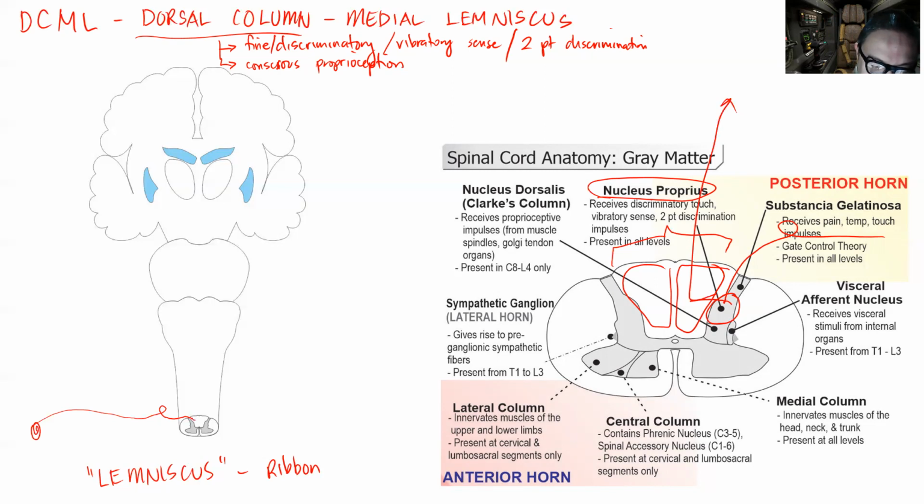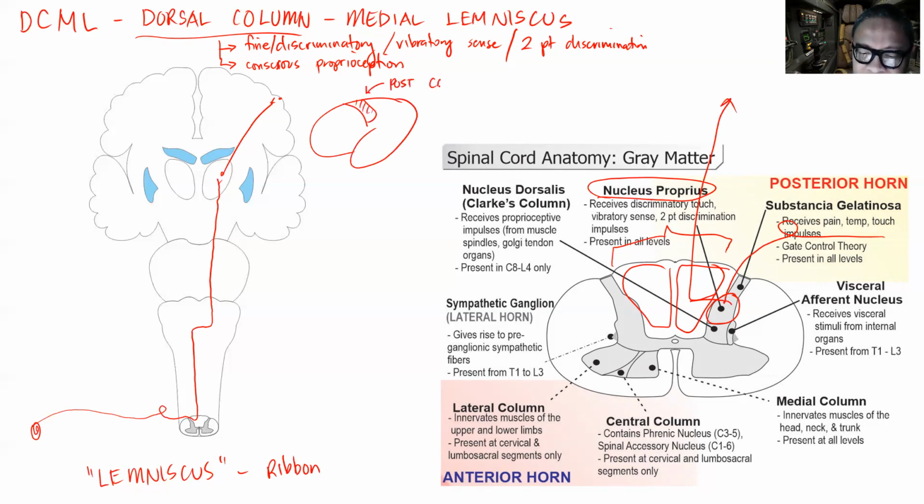As it goes through your medulla, just a little bit above your pyramids, it crosses, and then it goes up, synapses with your thalamus, and then with your postcentral gyrus, because that is your primary sensory cortex.